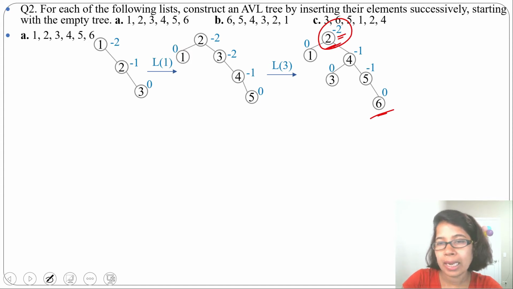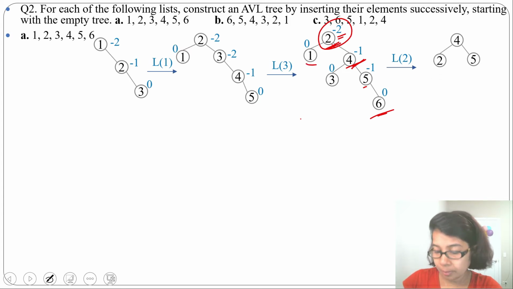When we are doing L rotation of 2, its immediate right child, meaning 4, will be parent, 2 will be its left child, 5 will be its right child. So 5's right child will be 6. And what about 3?